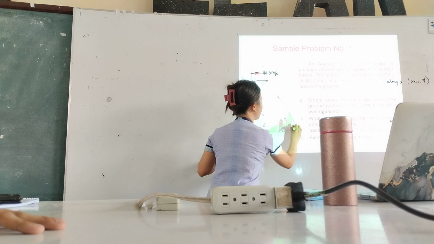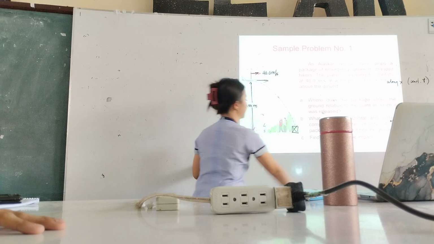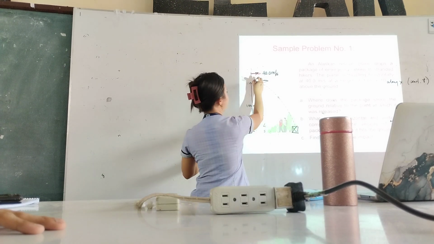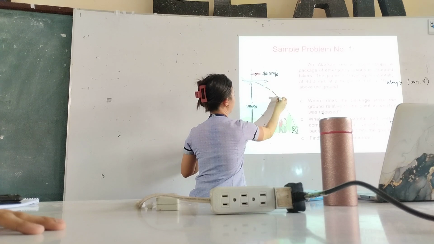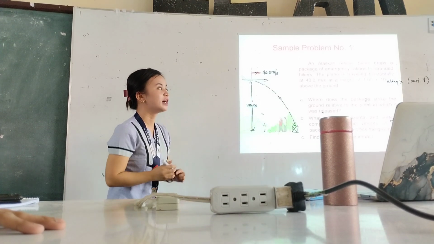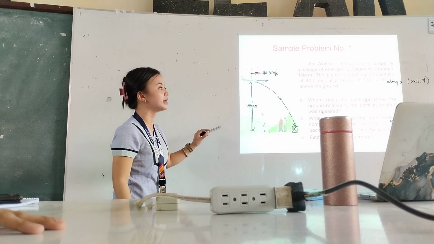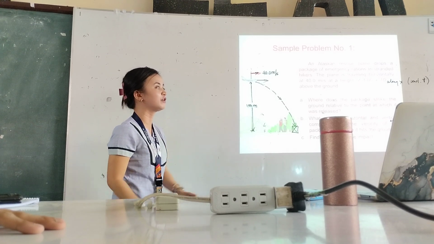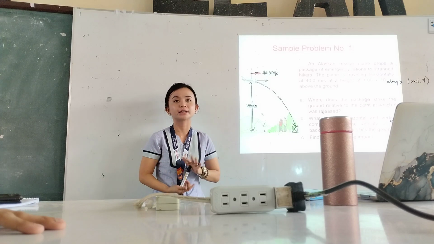So this is the motion of the package downwards up to here. So first, find where does the package strike the ground relative to the point at which it was released?